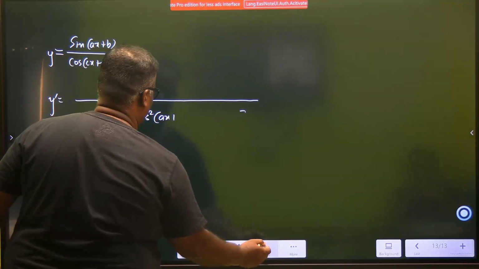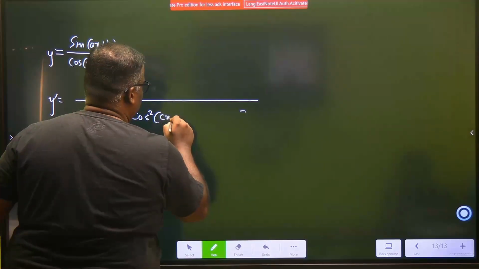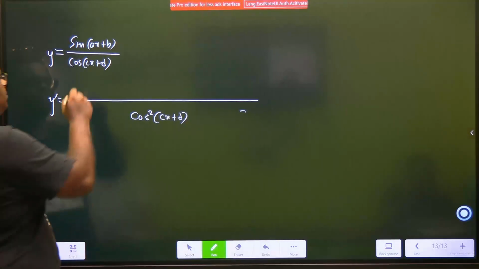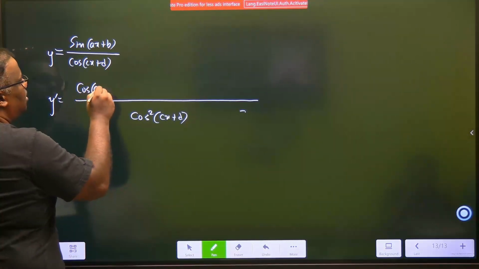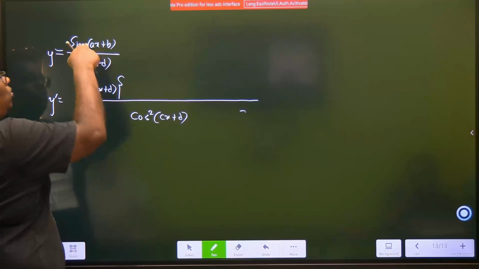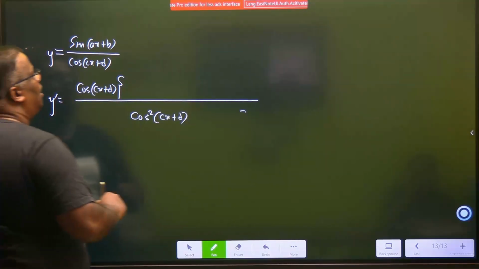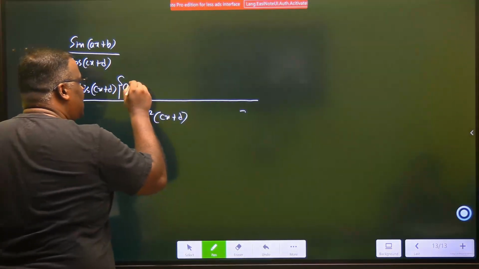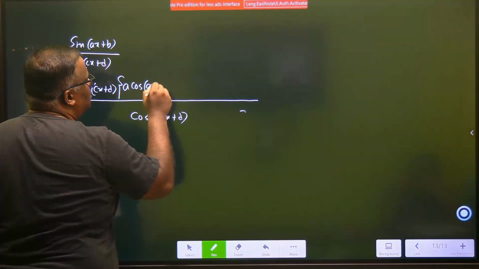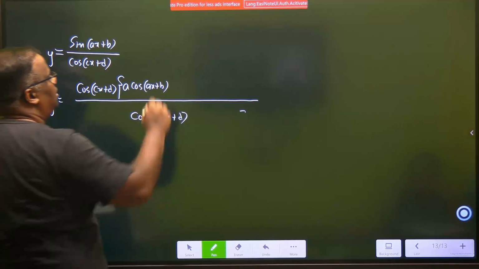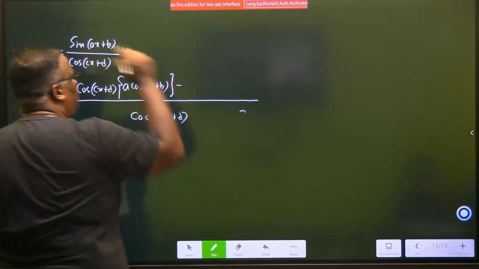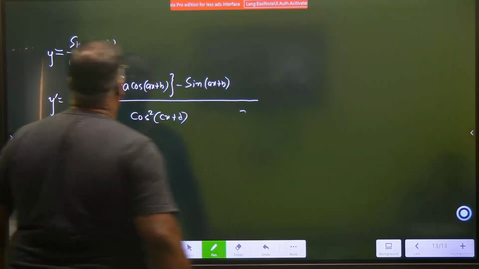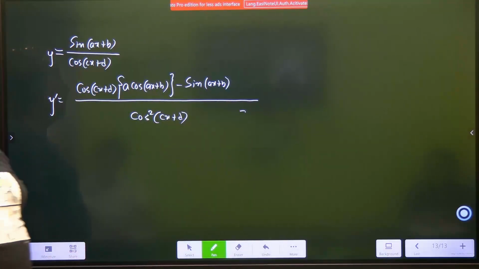Cx plus d. Right? g(x) into f dash x, into the derivative of this. Cos ax plus b into a. So we'll write it as a cos ax plus b. Right? Minus this function sine ax plus b into the derivative of cos.